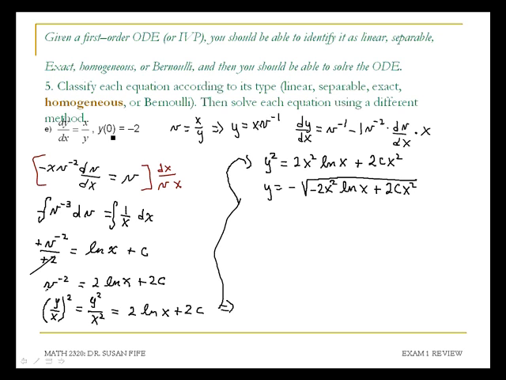Now to solve for c, x is 0, y is negative 2. Y of 0 is negative 2, gives me negative square root, actually that's undefined.